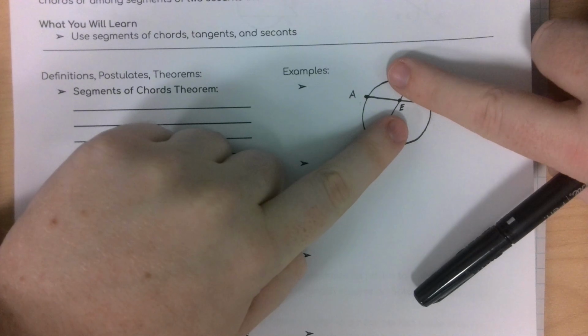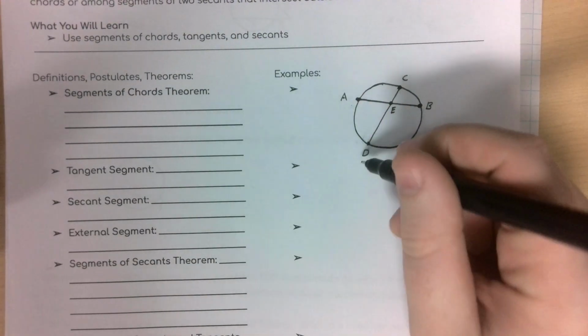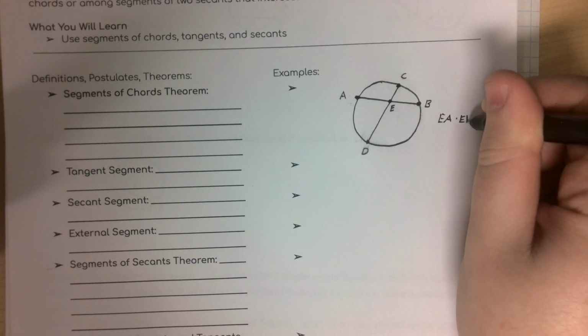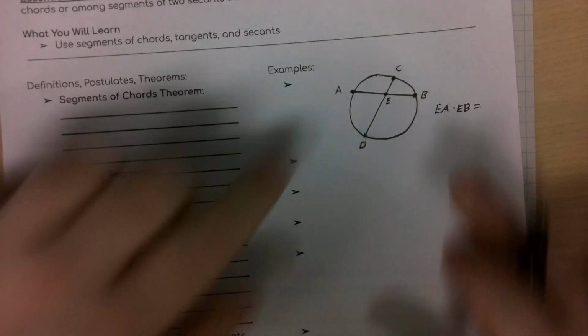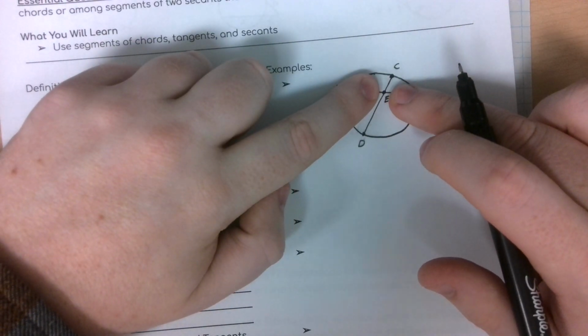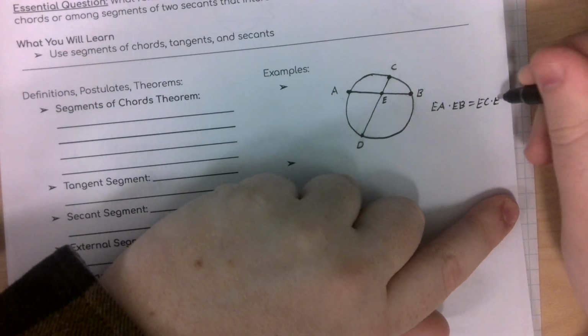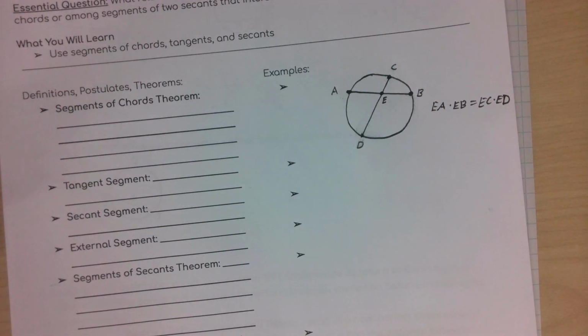Meaning, EA times EB is going to actually be equal to EC times ED. Basically, multiply the pieces of a chord together, and it'll equal the product of the pieces of another chord.